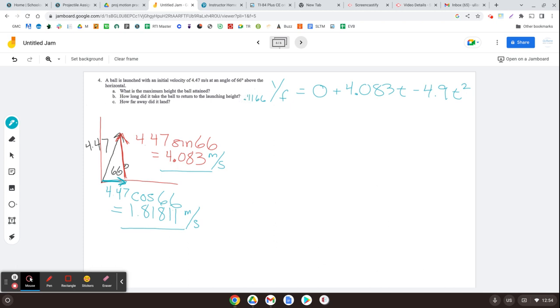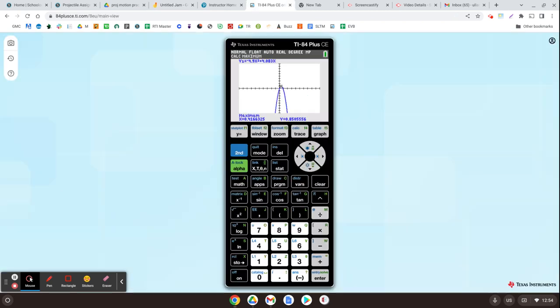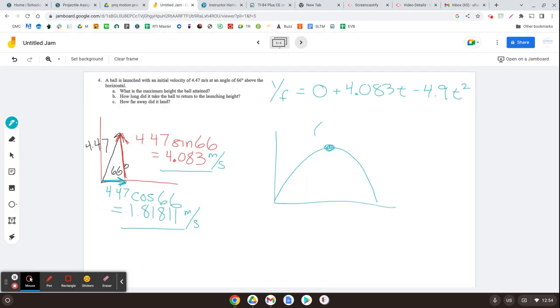That's how long it took to return. Oh, no. Time out. That's the maximum height. Time out. I got to remember what I'm doing. Let's sketch this picture. So this right here, 0.4166, comma, 0.8505. Point.